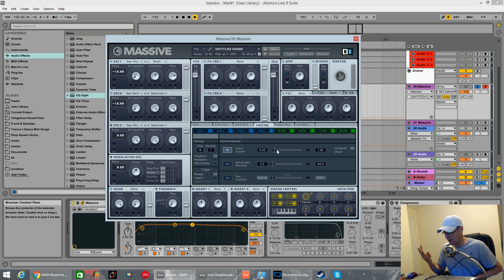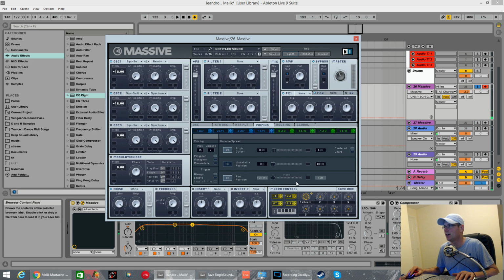What we've done there, we've created 7 unison voices, so 7 more instances of the 2 oscillators that we've already got, so a lot of oscillators, and then we're spreading them across the spectrum using this pitch cutoff. So those new voices, we're just moving them apart from each other, really tiny amounts, each one separate, so it just makes up a much wider sound.